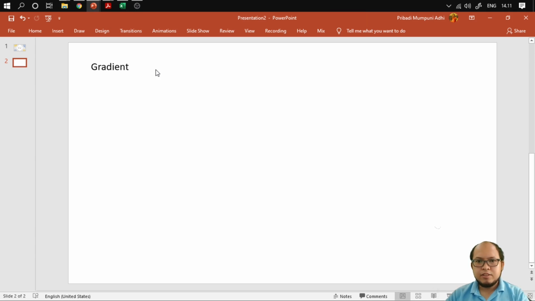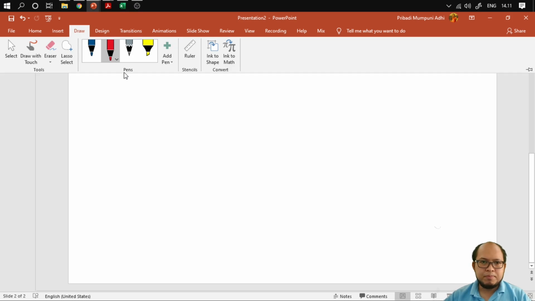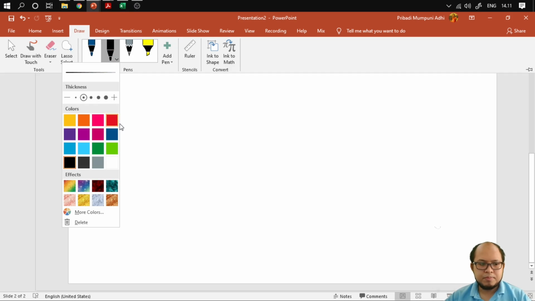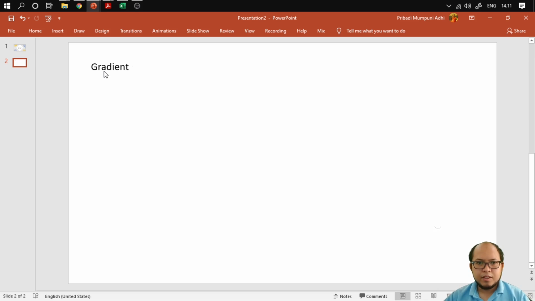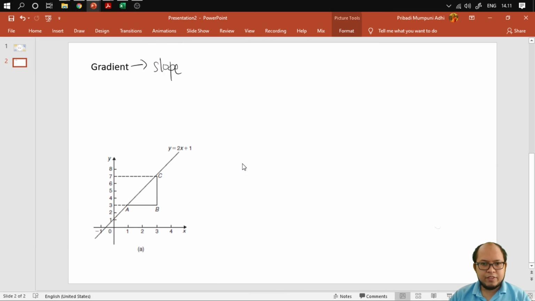The gradient, sometimes we call it a slope. So this is slope. For example, if I have a line, something like this. Okay, I have a line.